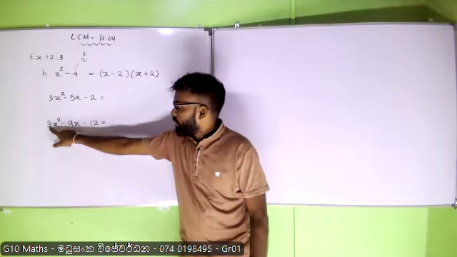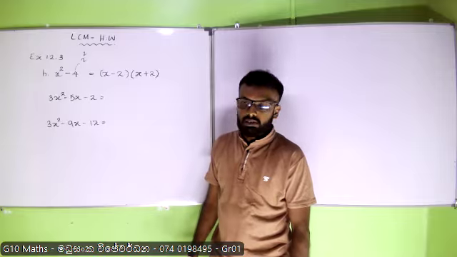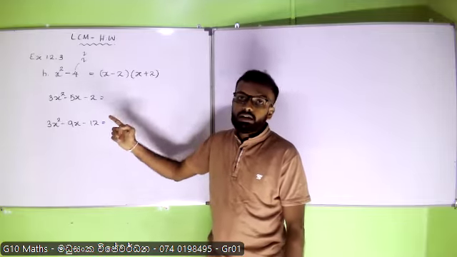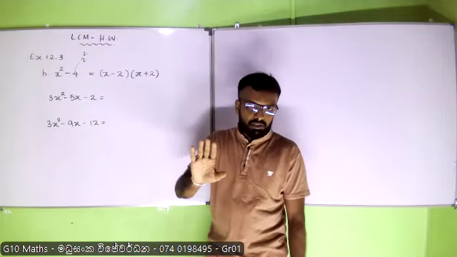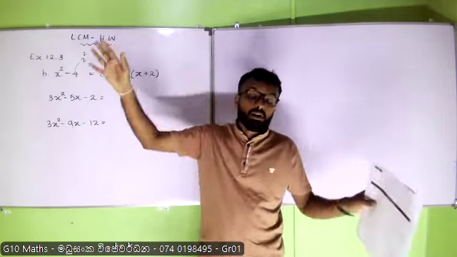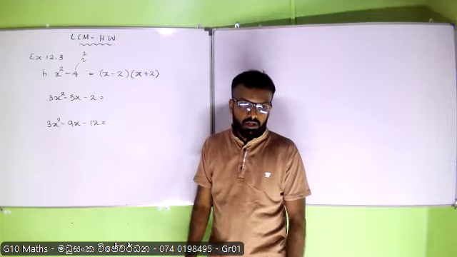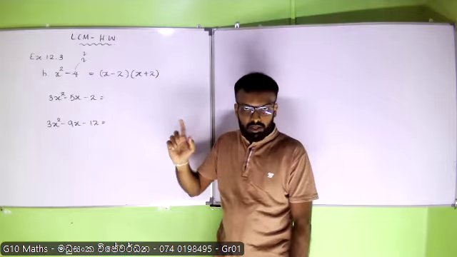So you have to take the number 3 out before factorizing this. Otherwise you will still factorize, but you will get bigger numbers to find the suitable two numbers.